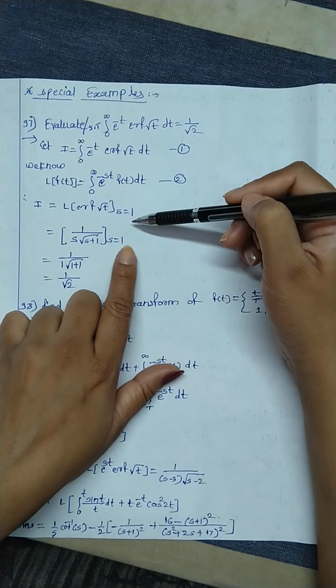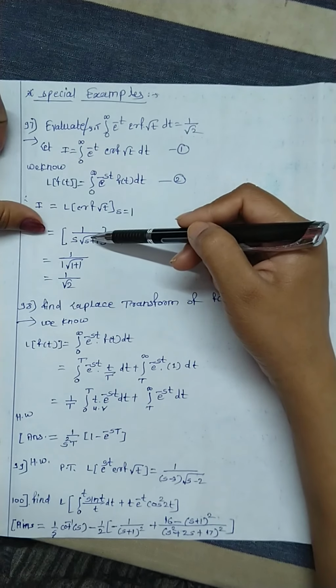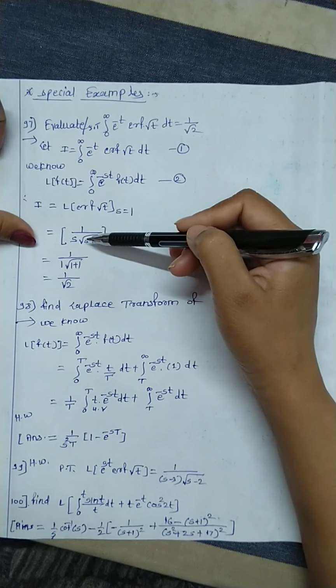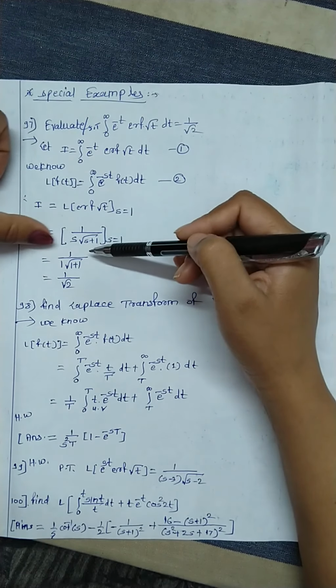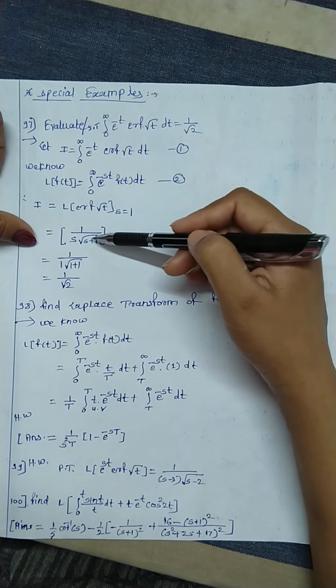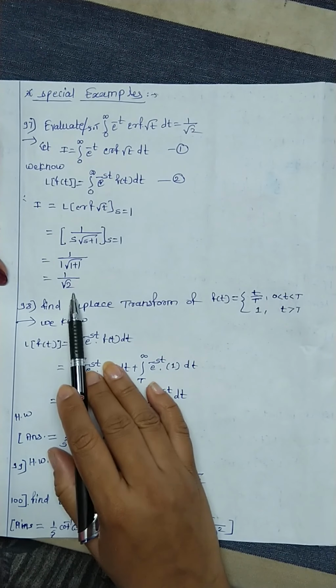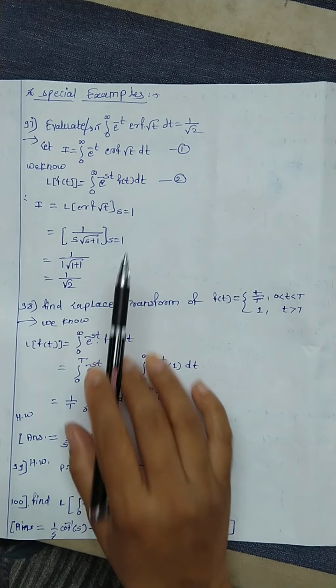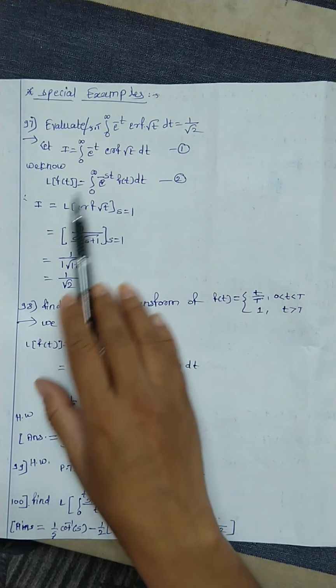Opposite of that. Now what is the Laplace transform of error function of root t? You have to mug up this term, 1 upon s under root of s plus 1. This we have already studied. Put s is equal to 1, we get 1 upon 1 into root of 1 plus 1, that is 1 upon root 2. If this example is for 2 marks or 3 marks, you can directly use this.